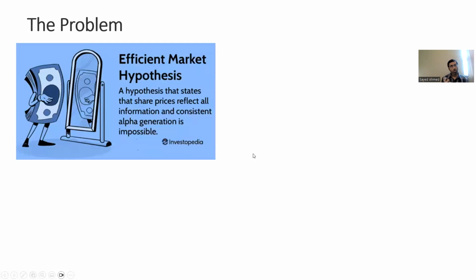Okay, so what is the problem of this work? The problem is predicting stock prices, and predicting them correctly. So is it possible? Now, there is a theory called the efficient market hypothesis.